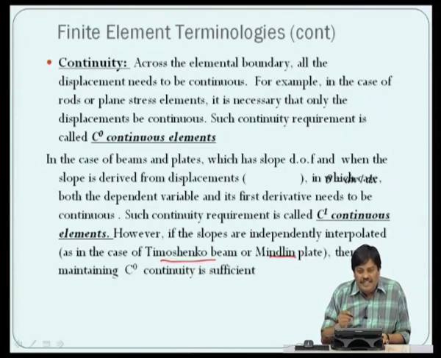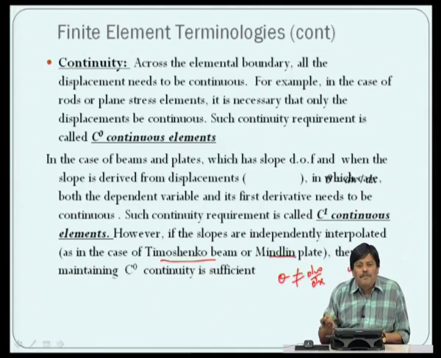There, theta is not equal to dw by dx, and theta can be independently interpolated. Then you need only w and theta to be continuous, so you do not need the first order continuity, which is easier to solve. So, we can still build in C0 continuity in a beam, provided we use Timoshenko beam theory.